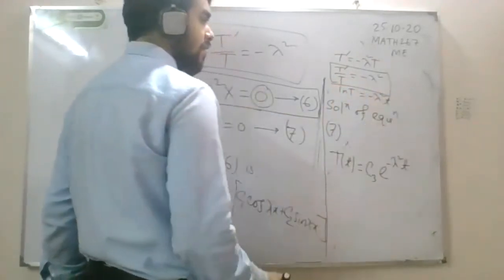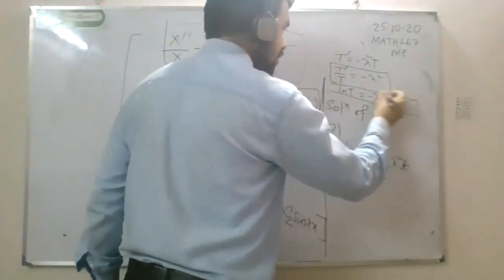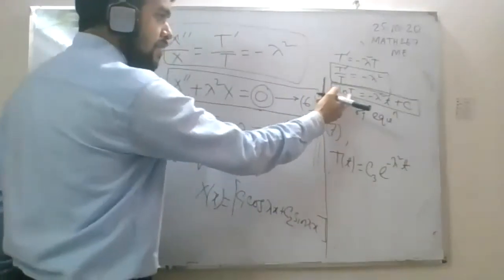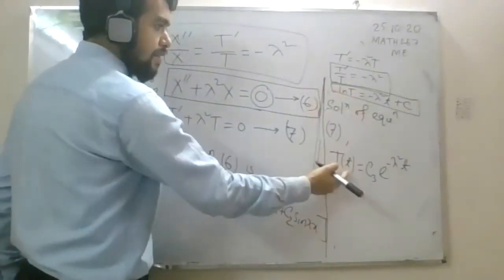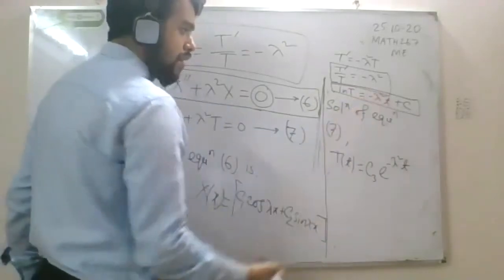Okay, integrate that, and just simplify this equation. That means here you can get T equals e to the power minus lambda square t plus c.